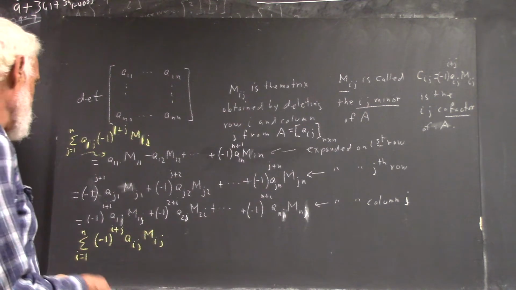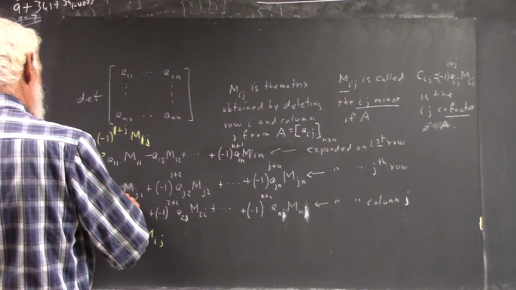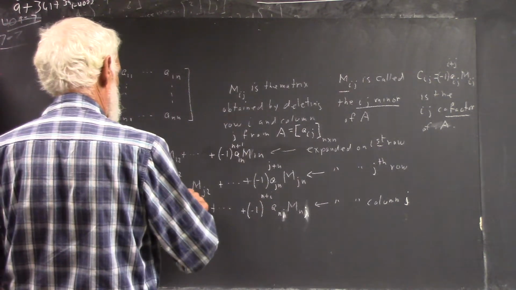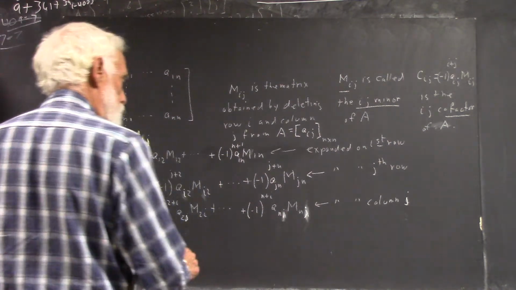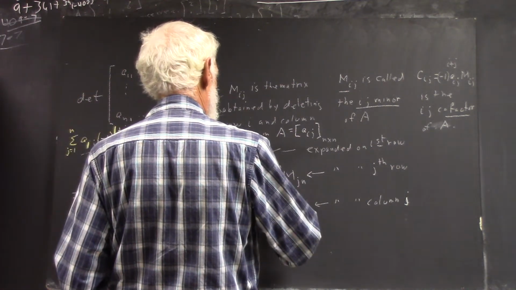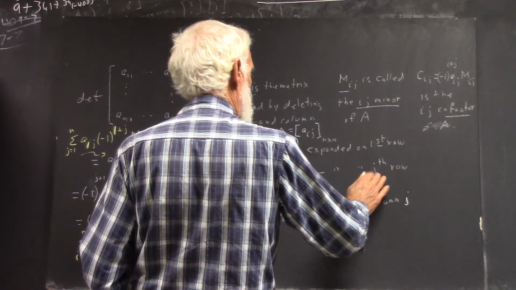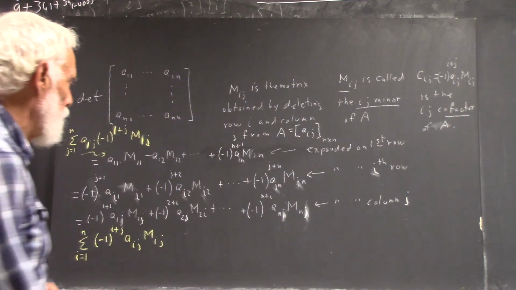And you know, I'm going to make all these J's into I's. So now we have the I row.